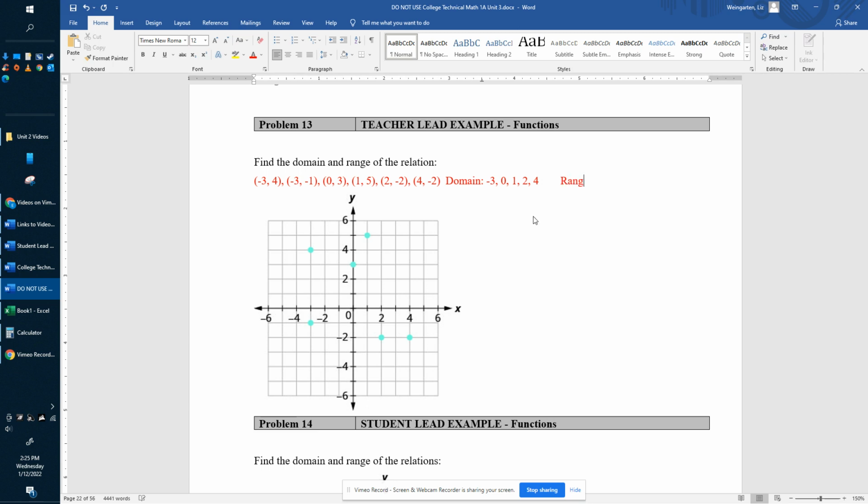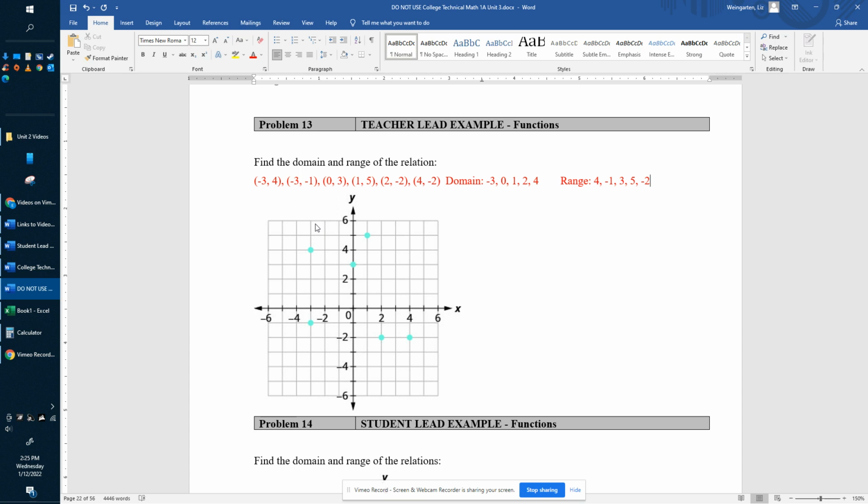What's our range? Our range is 4, -1, 3, 5, -2, and -2. So we don't have to write -2 twice either. So we'll just write 4, -1, 3, 5, and -2.